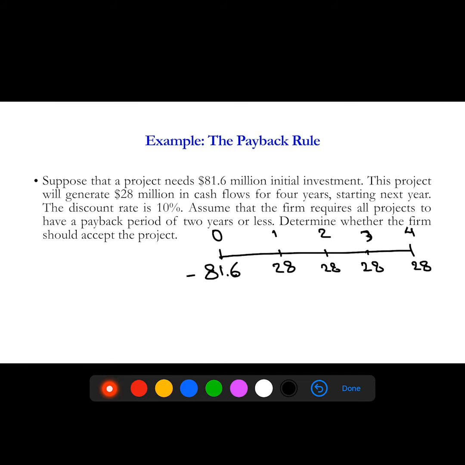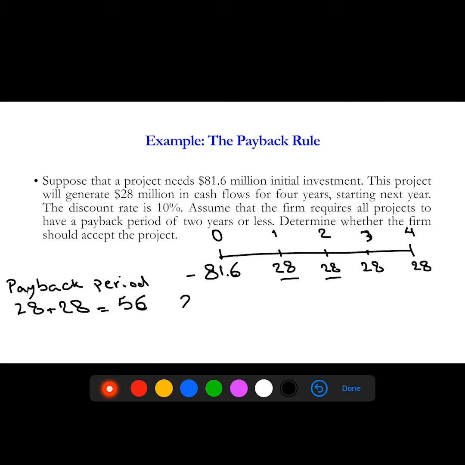Okay, so first of all, I am going to calculate the payback period. So I'm going to add these things until it's either equal or larger than 81.6. So our payback period is not one clearly, and if I add 28 plus 28, it's 56.